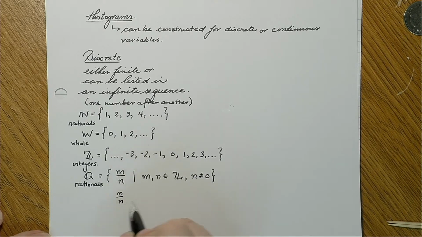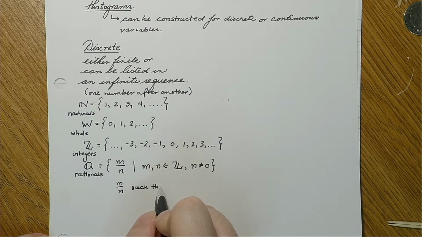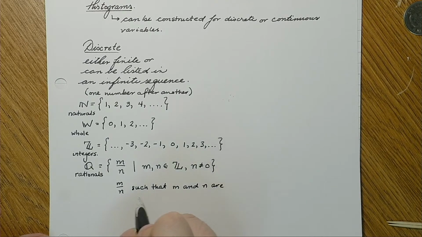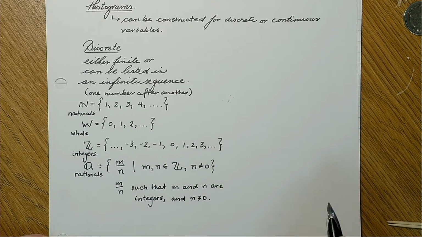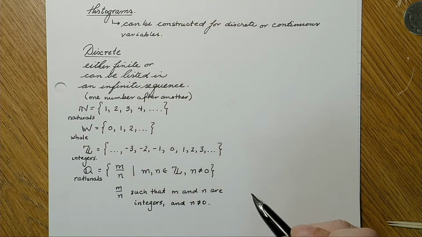So let me just write that out in words, because some people might not know the set notation yet, but this is m and n such that m and n are integers, and n cannot equal 0. So these are discrete numbers.